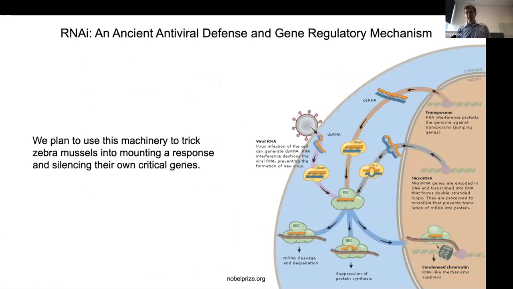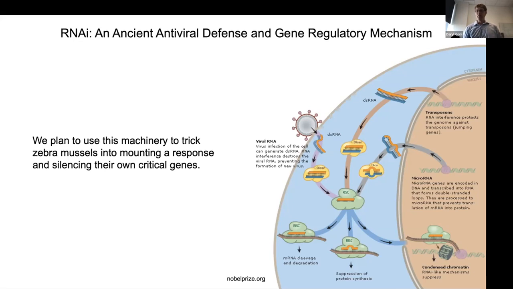This process is thought to be sort of an ancient antiviral defense mechanism. So double-stranded RNAs typically don't exist within the cell, but there are viruses that have double-stranded RNA genomes. And so this double-stranded RNA material, when it enters the cell, is recognized as foreign.